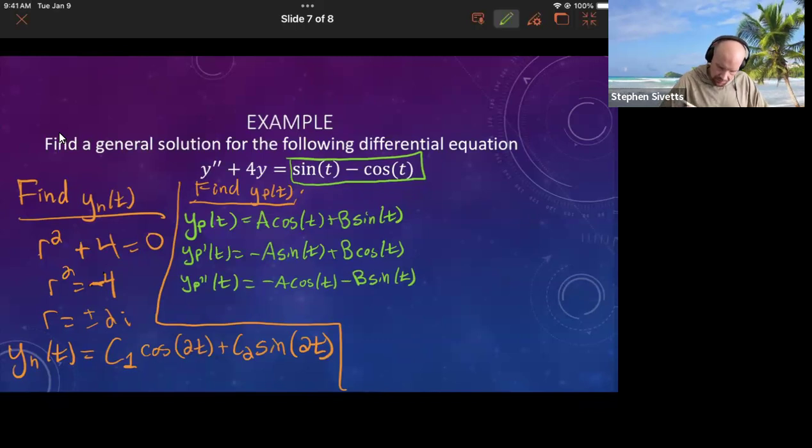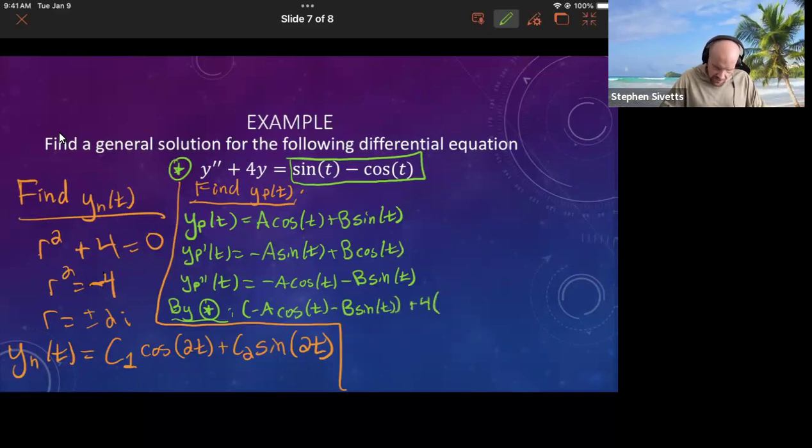So if I label this differential equation star, what that means is y double prime, which is minus a times cosine t minus b times sine t, plus 4 times y of t, which is a times cosine t plus b times sine t, would equal the right-hand side, sine of t minus cosine t.